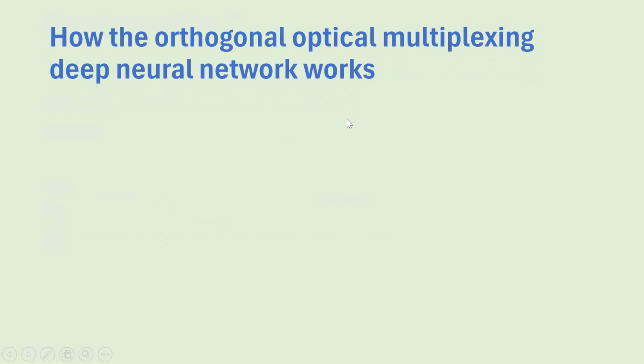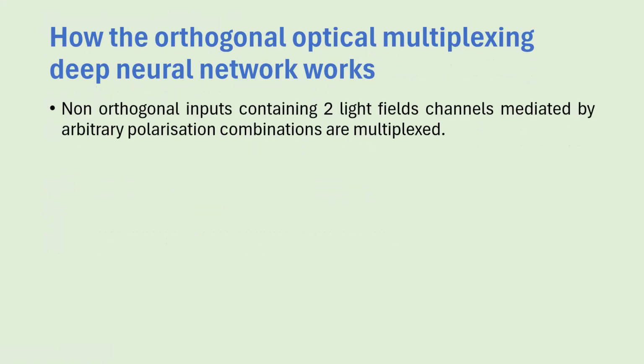Now, how the orthogonal optical multiplexing neural network works. It receives light field channels that have an arbitrary combination of polarization values, so they are multiplexed.